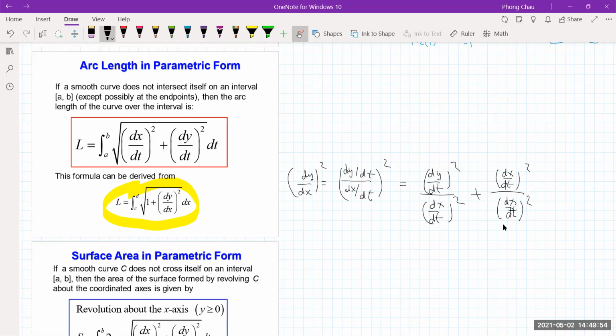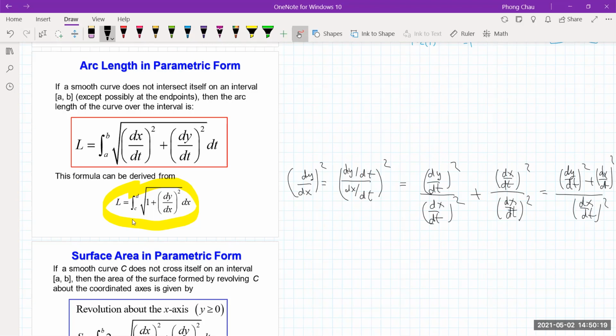Right, so there's 1. So then you have this underneath the square root. They have the same denominator. So that becomes (dy/dt) squared plus (dx/dt) squared all over (dx/dt) squared.